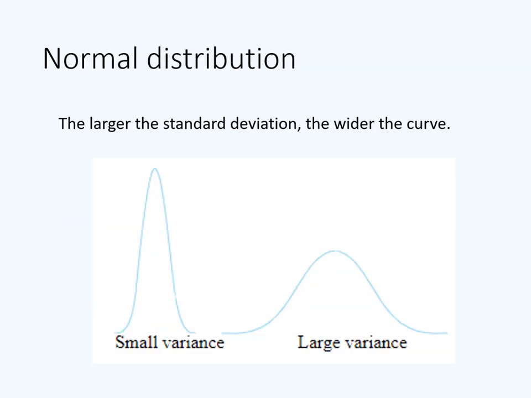And when there's a wide spread of data, each observation or measurement could be quite different from one another, like in our example of people's heights. A small standard deviation determines a narrow curve, and when there's a narrow spread of data, the value of each observation won't be so different.